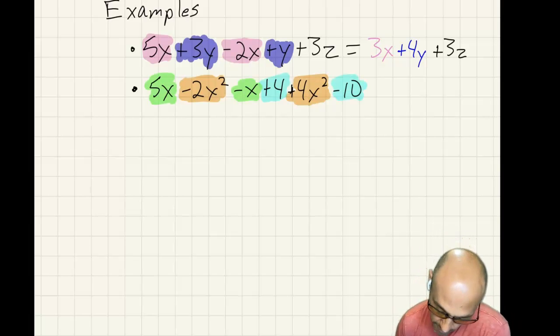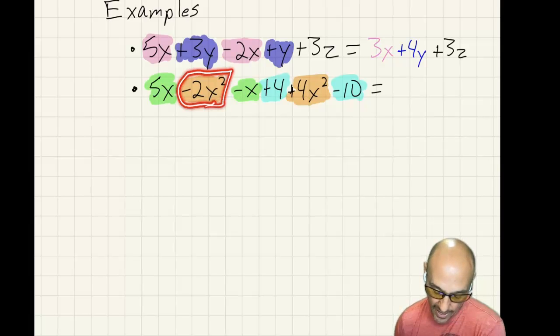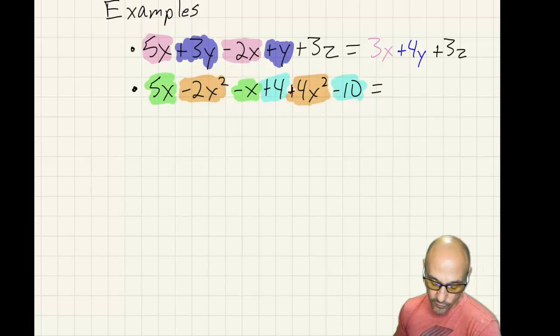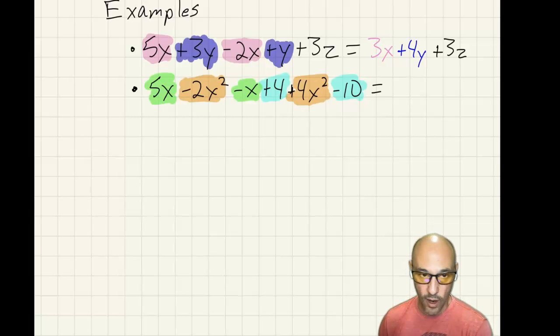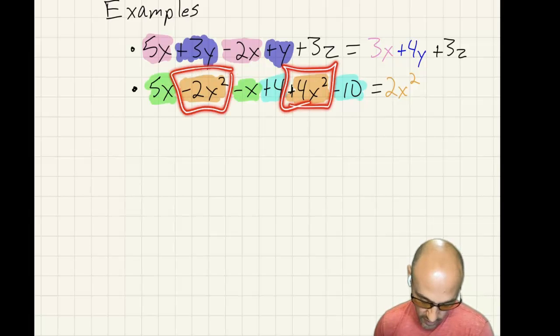And so I could rewrite this expression as, and we usually put the term that has the highest exponent first as well. So we would have, let's see, a negative 2x squared plus 4x squared will be a positive 2x squared. So combining those.